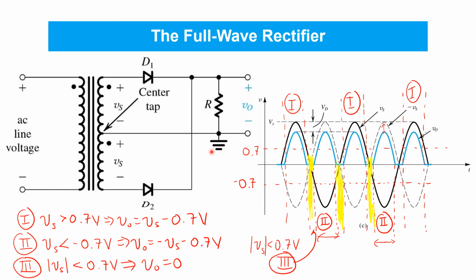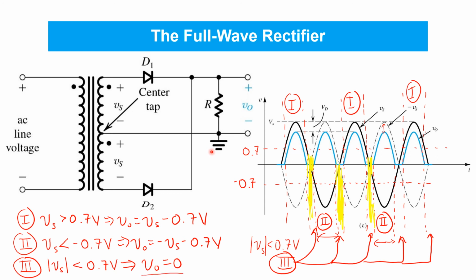So that's in here, again in here, and here, and so on. There's another one here, and here. So whenever we've got small voltages of Vs, the output voltage is at 0.